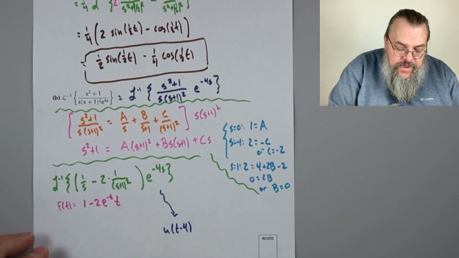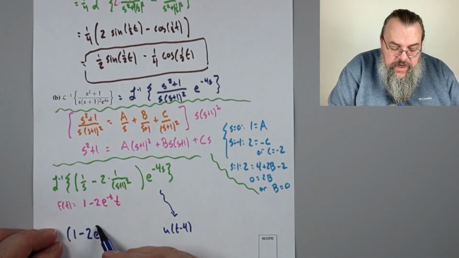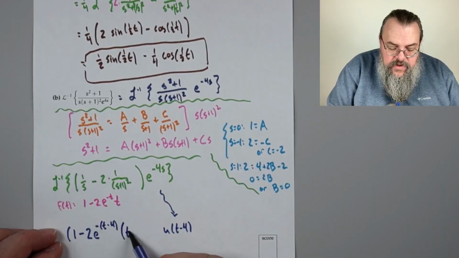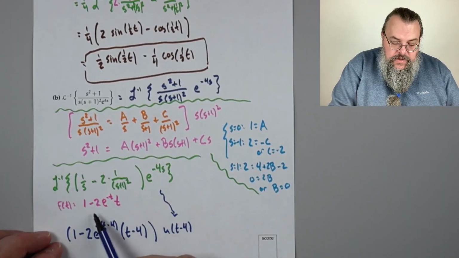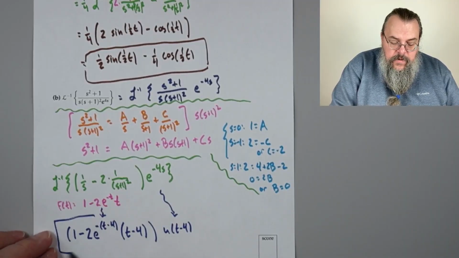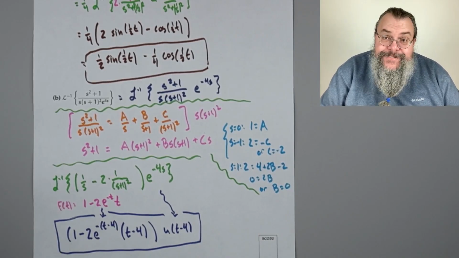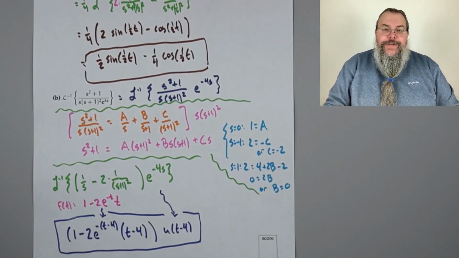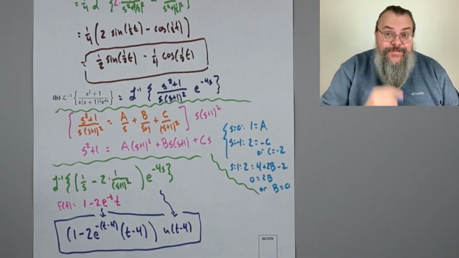So this will become 1 minus 2 e to the minus (t minus 4) times (t minus 4), times u of t minus 4. So there's that piece. And we're done. That's it. Good. Nice workout. But many problems still left to go. So let's keep going.